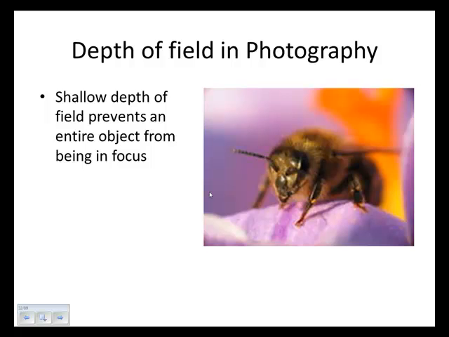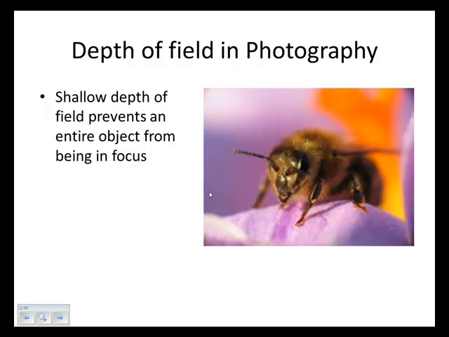So in the same way, right, if I zoom in on somebody and take a picture, the people in the background will be blurry, right? If I zoom out and take a picture of the same people, am I more or less likely to get the people in the background to be in focus also? More likely, right?